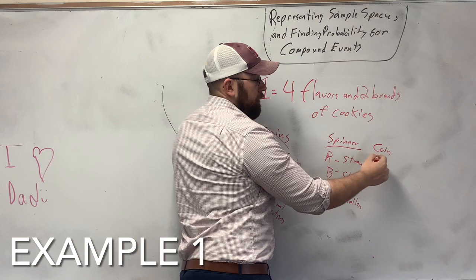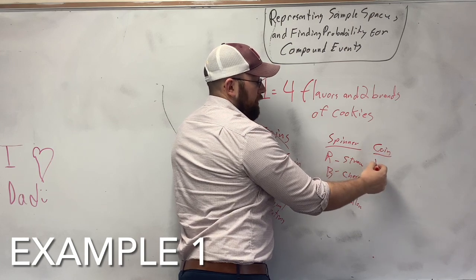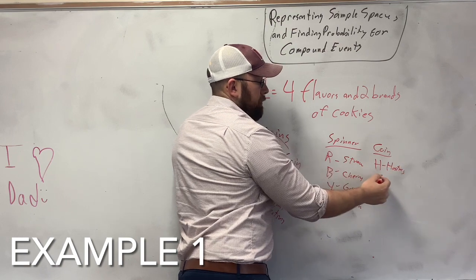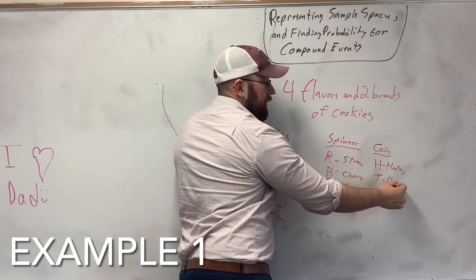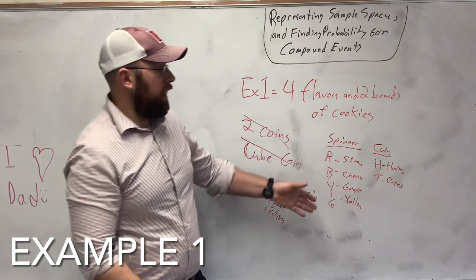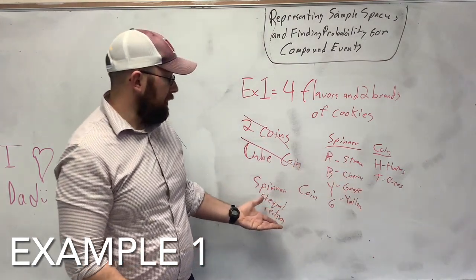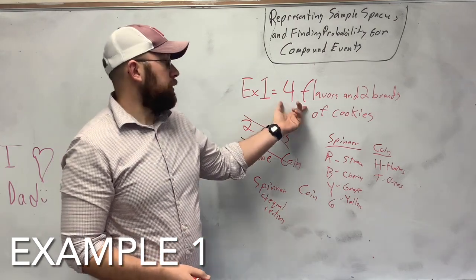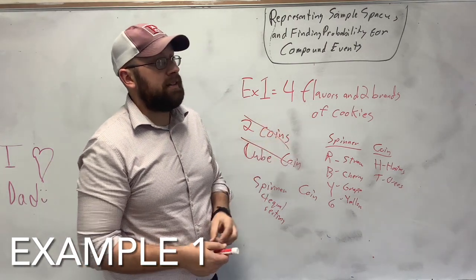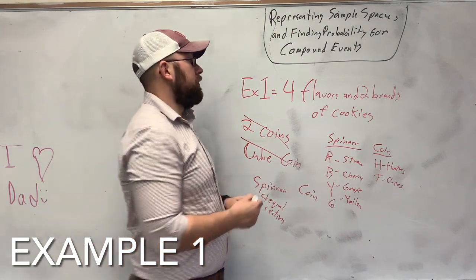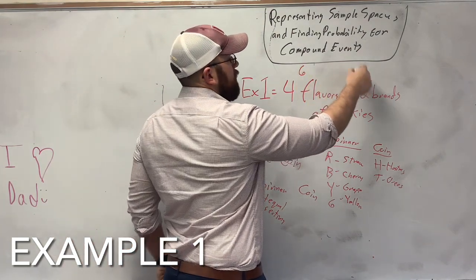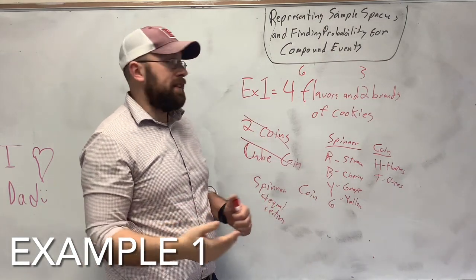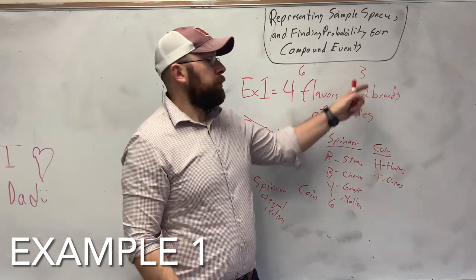And then your coin, you could say heads will be Hostess and tails will be the new Oreo brand, I guess. Something like that. And then you have your compound event. So just split it up evenly. Another one would be, if you had some weird number like 6 and 3, you could always use a spinner, because spinners you can make whatever you want. With a 3, it's really hard to do otherwise.